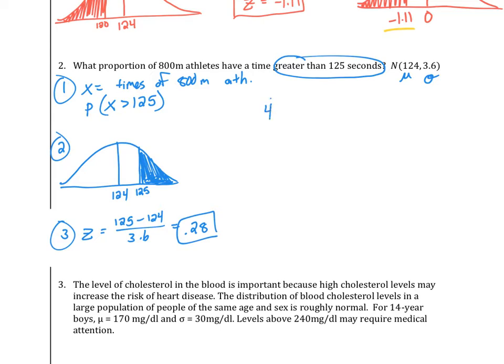Once you find your z-score, we're going to draw another normal curve. This time 0 goes in the middle, and the z-score is 0.28. So you put that z-score on your normal curve, and again, we're finding what is greater than, we're going to find out the probability that z is greater than 0.28.